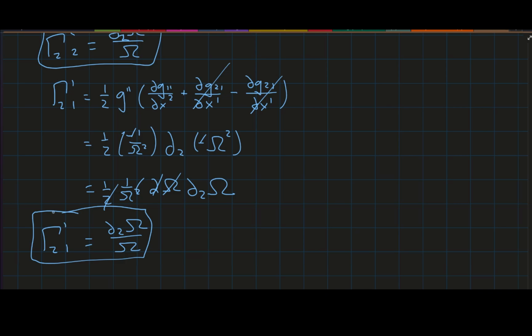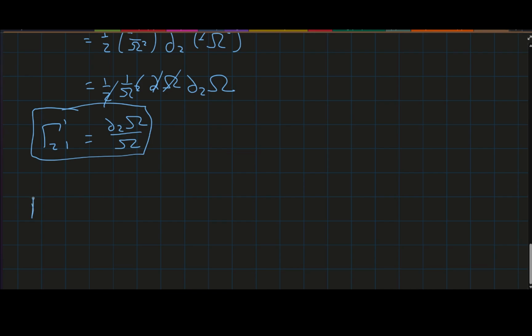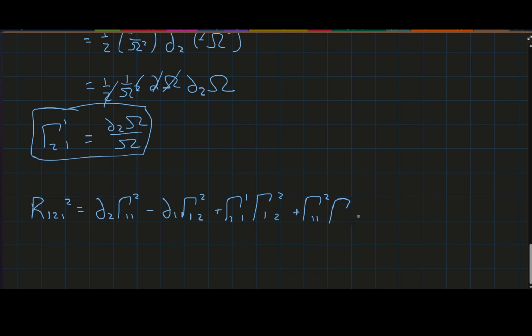So we can remember now that our R 1, 2, 1, 2 equals del 2 gamma 2, 1, 1 minus del 1 gamma 2, 1, 2 plus gamma 1, 1, 1 gamma 2, 1, 2 plus gamma 2, 1, 1 gamma 2, 2, 2 minus gamma 1, 2, 1 gamma 2, 1, 1 minus gamma 2, 2, 1 gamma 2, 2, 1.